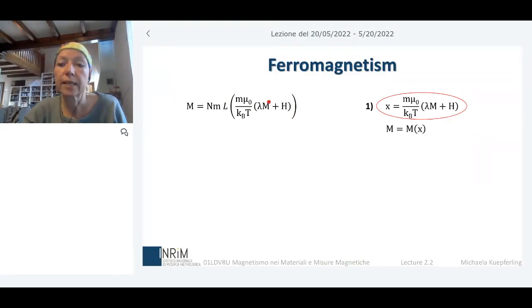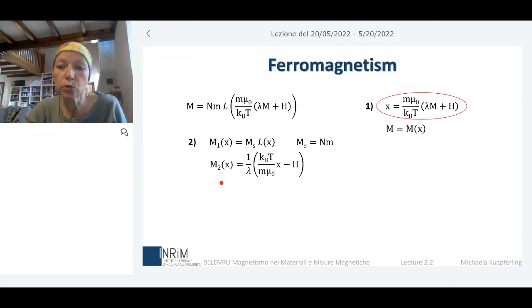Here again, we write the argument of our Langevin function as x, and M becomes a function of x. In this way, we can write two functions. Function 1, M1, is proportional to the Langevin function as a function of x.